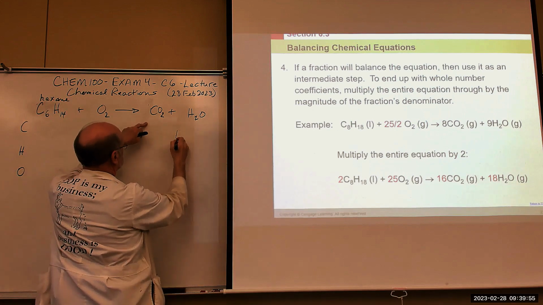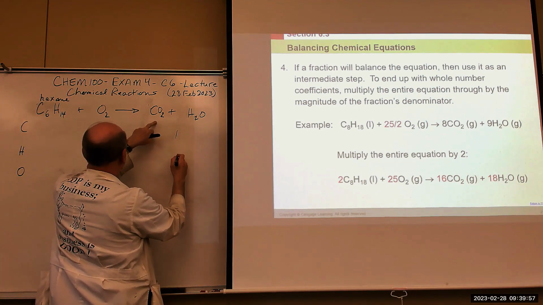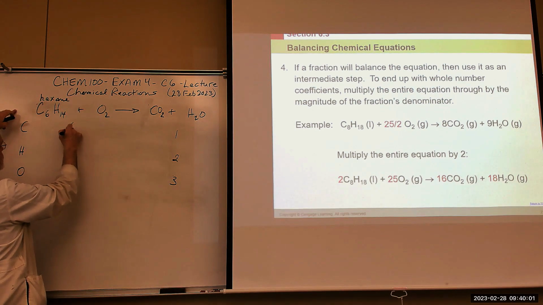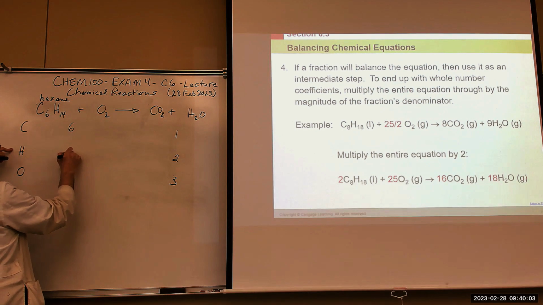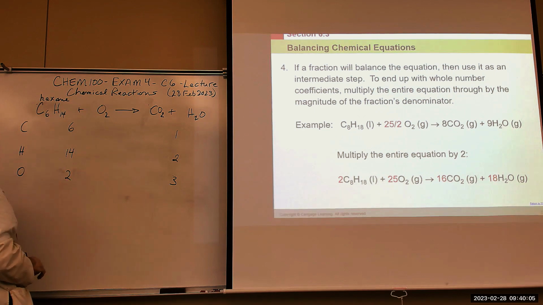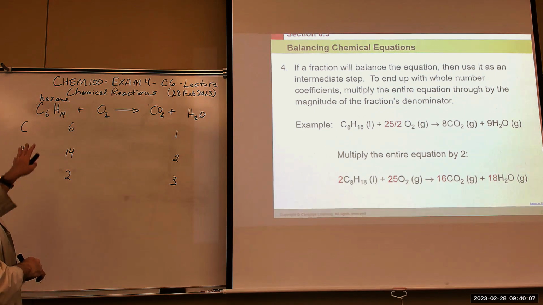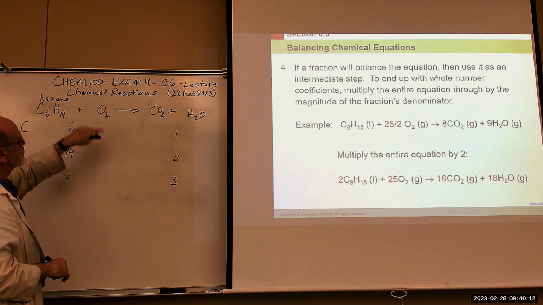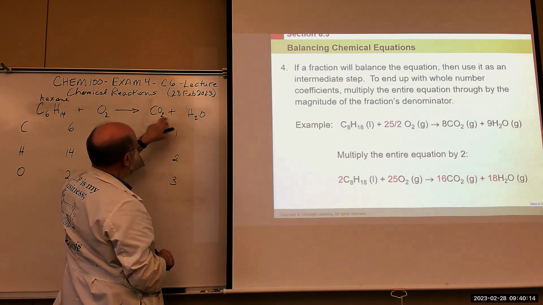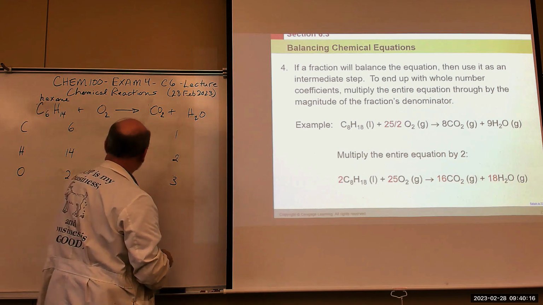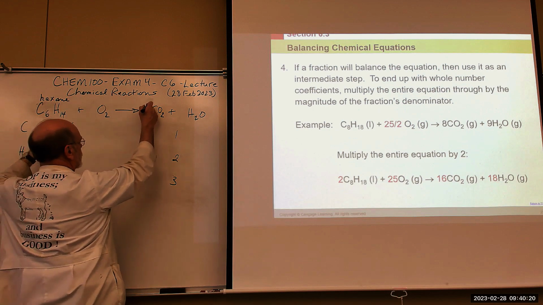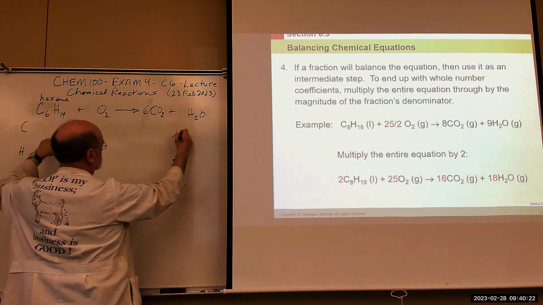We've got 1 carbon, 2 hydrogens, and 3 oxygens. And we got 6 carbons, 14 hydrogens, and 2 oxygens. So that's 16, 22. 6, 22, okay. 1, 2, 3, 4, 5, 6. That's 6. Okay. So I'll start again. 6 carbons, right?